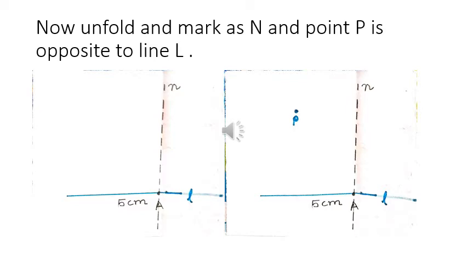Mark it as N, and on the left side of your screen you can see that point N is there. Now point N can be anywhere just opposite to the line L. Clear?